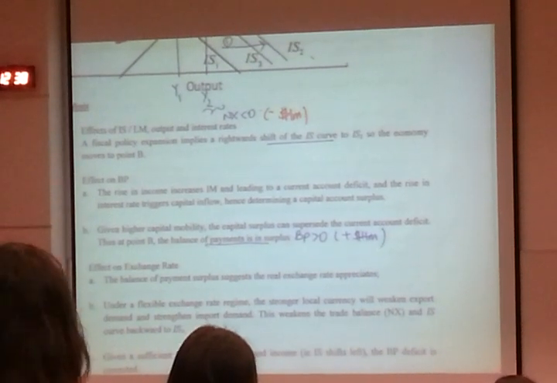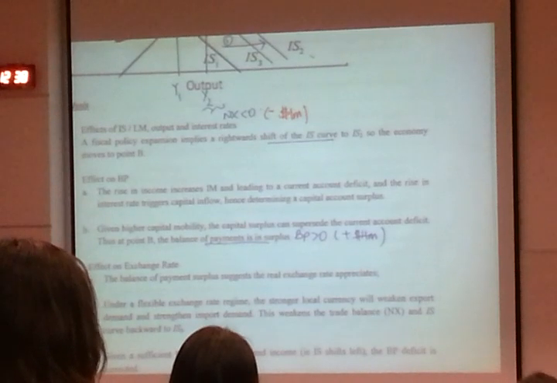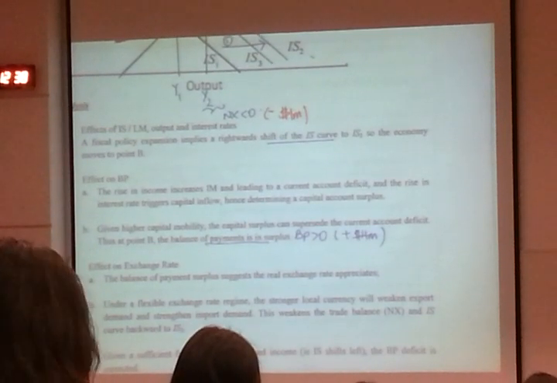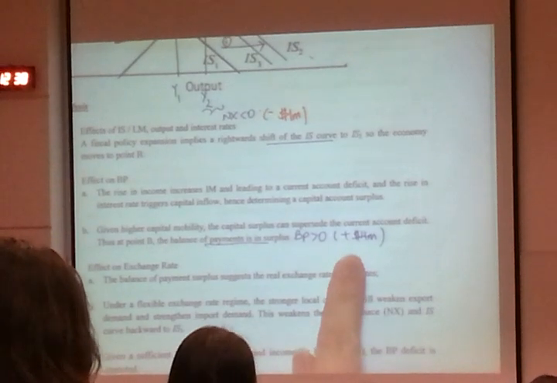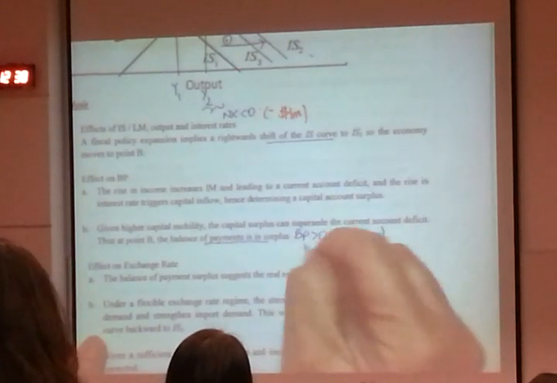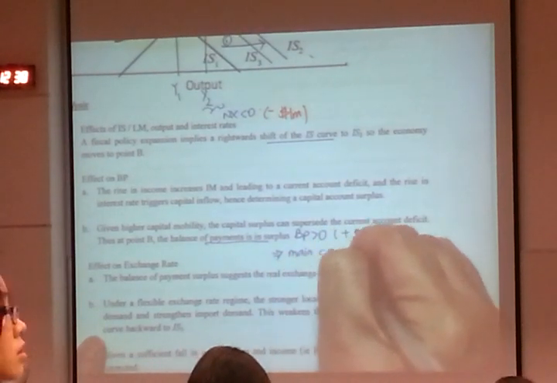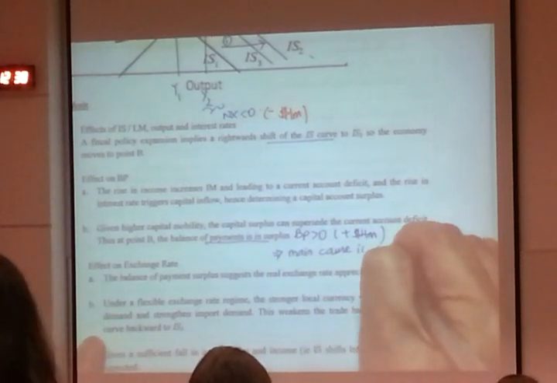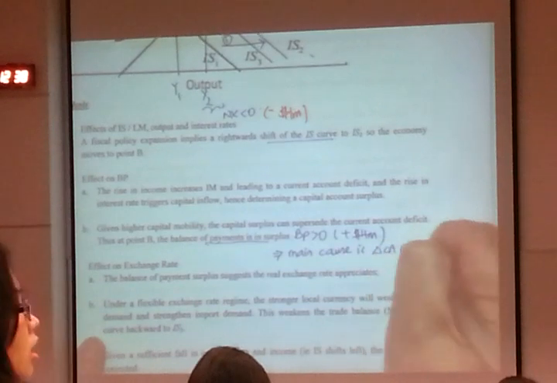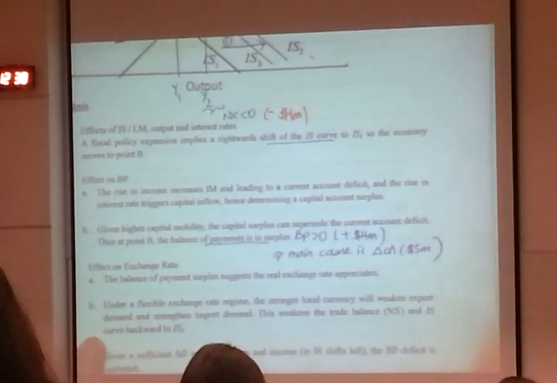Now, when I do fiscal policy, or when I come across such BP, I will take note of the size of BP. So BP is a surplus of 4 million. So that actually tells me, okay, the main cause is due to capital account of 5 million.